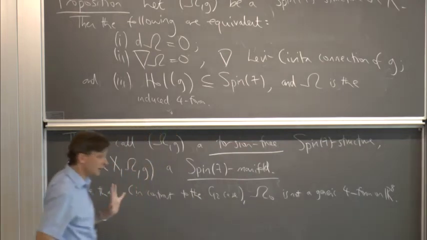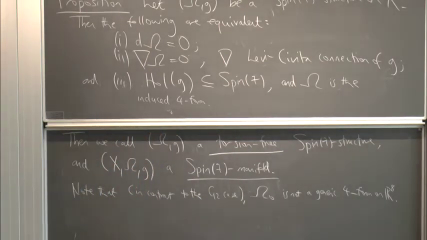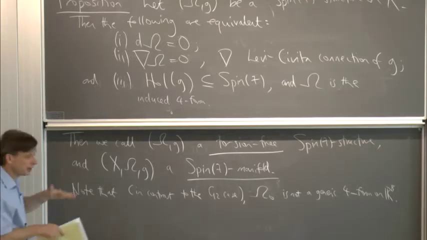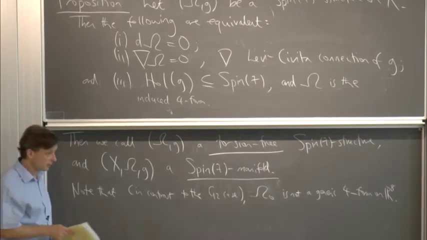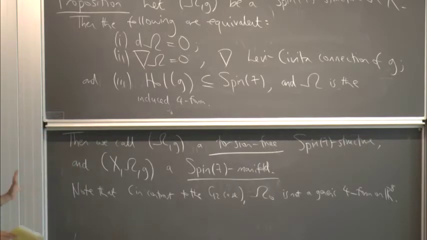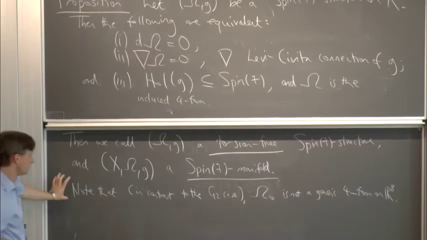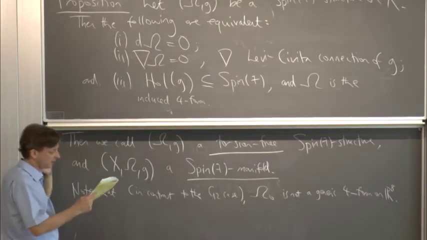In the G2 case, the G2 3-form φ is generic in the sense that any nearby 3-form is also a G2 3-form for a different G2 structure. So the G2 3-form wasn't really special, but the spin 7 4-form is.